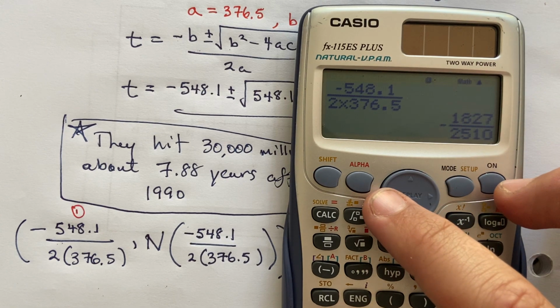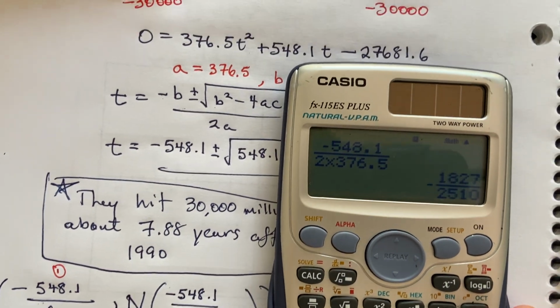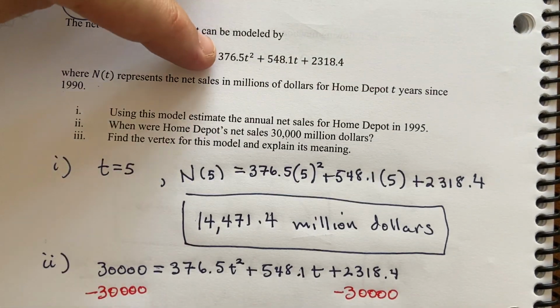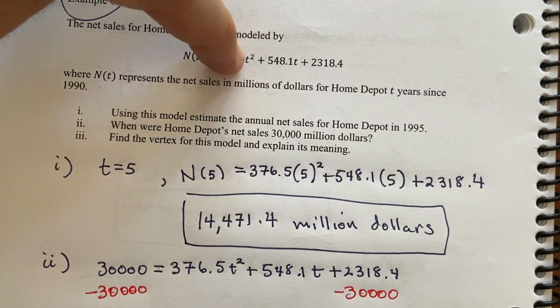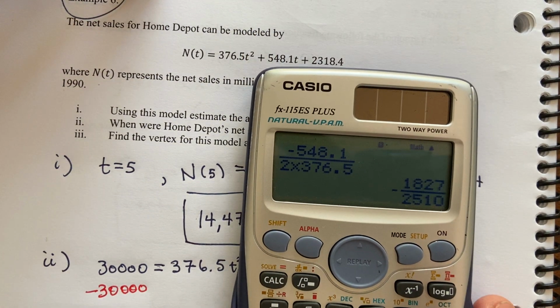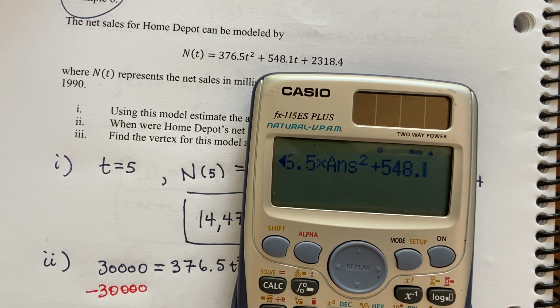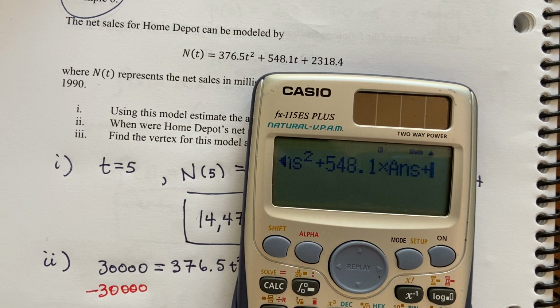So this number, unfortunately, but I'll talk about that in a second. Since I can save that number, I'm now going to plug that number into here to see what actual value is achieved. So now plugging this in, 376.5 times answer squared, plus 548.1 times answer, plus 2318.4.